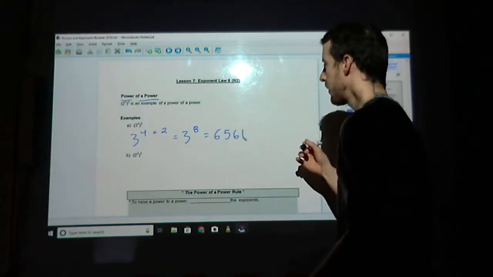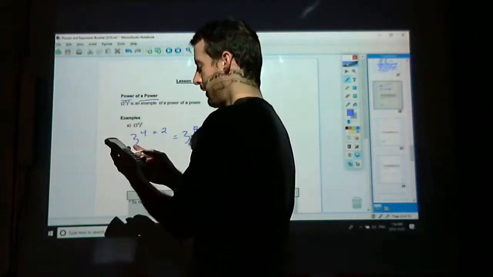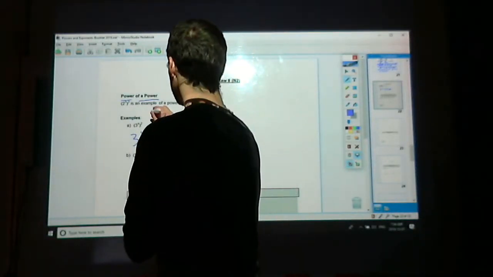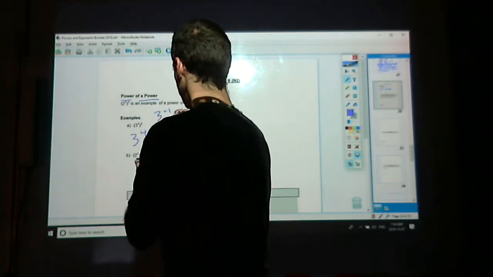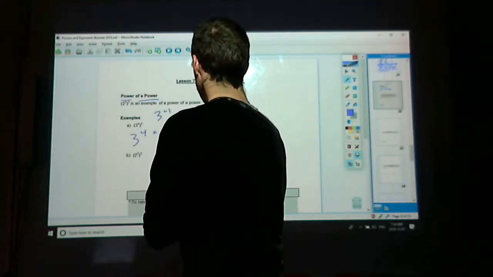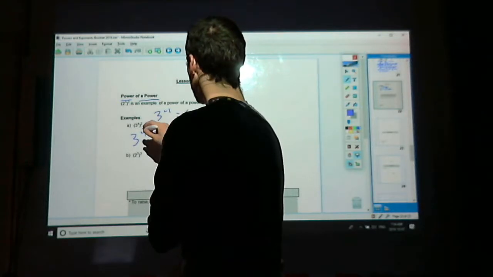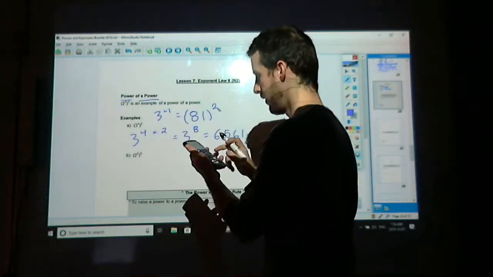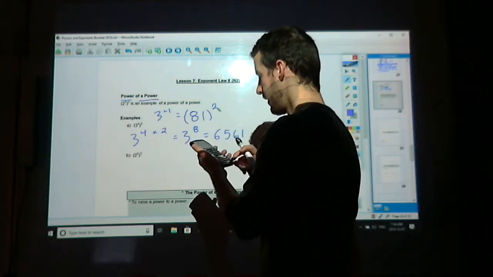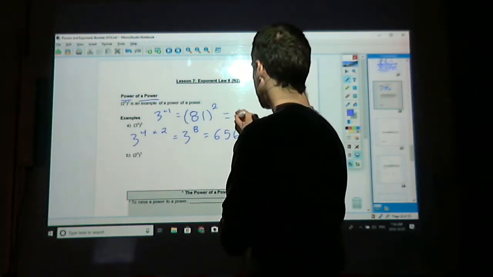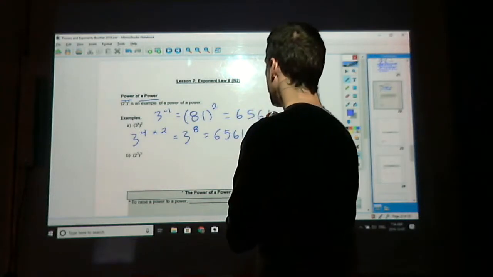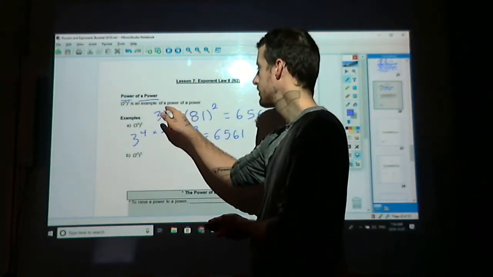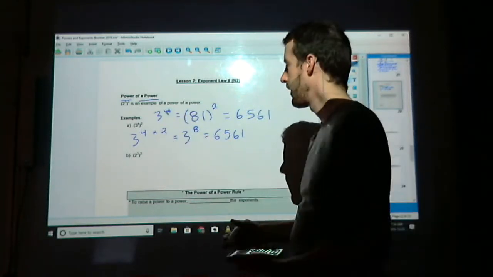Another way we could have done this problem is, well, what's 3 to the power of 4? 3 to the power of 4 is equal to 81. And then all of that, because that was just what was in our brackets, to the power of 2, so squared, also equals 6,561. So this is our proof that we can do it either approach, and it comes out to the same thing.